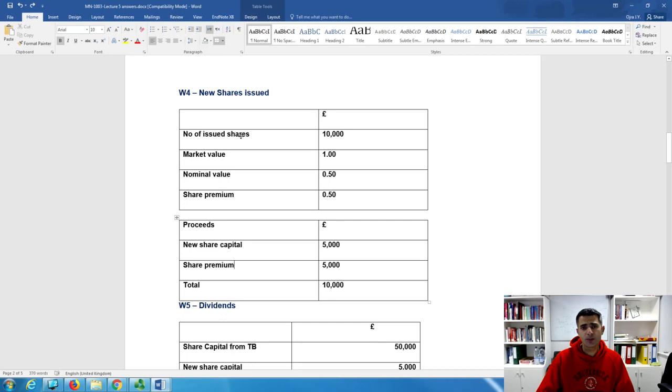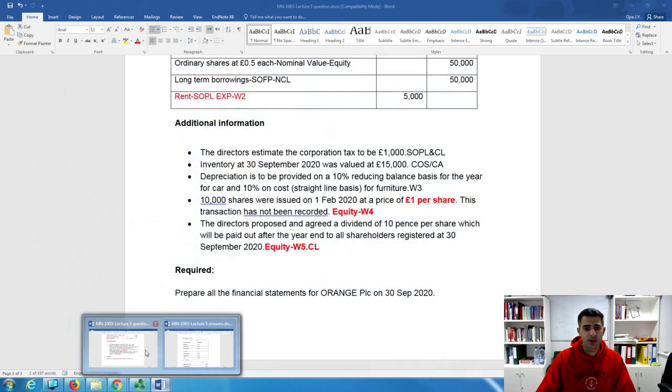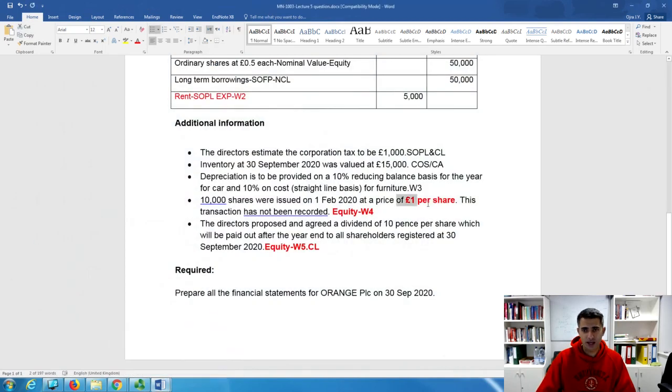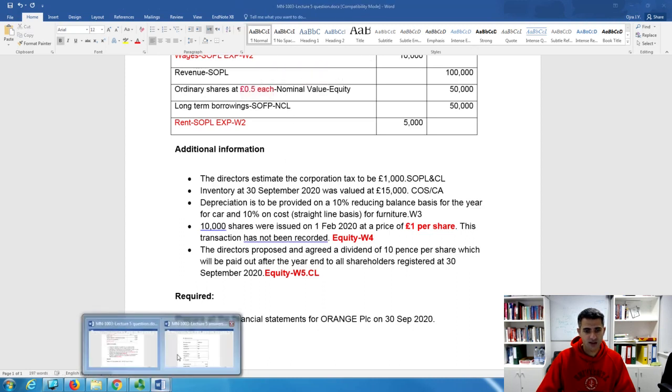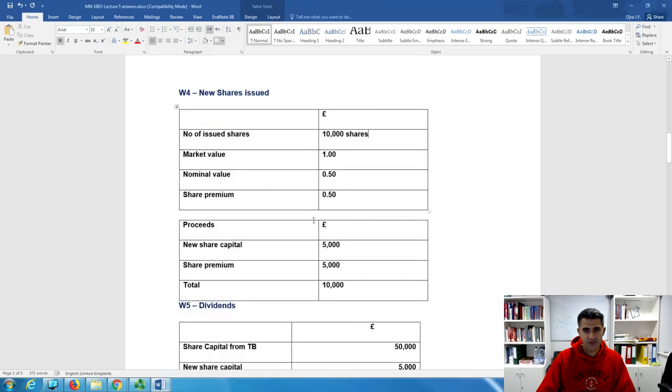First of all, the number of issued shares is 10,000 shares, isn't it? What is the market value? If you remember, the market value is £1, and the nominal value is what? The 50 pence. So in this case, you'd see market value £1 and nominal value 50 pence.